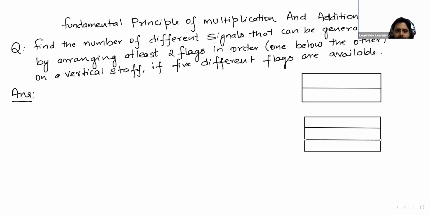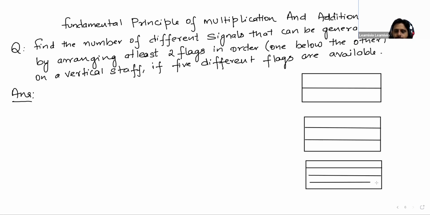So what are the possible cases we have? We can form a signal like this, we can form a signal like this, and we can form a signal like this one. The last case, we can form a signal like this one. 1, 2, 3, and 4.